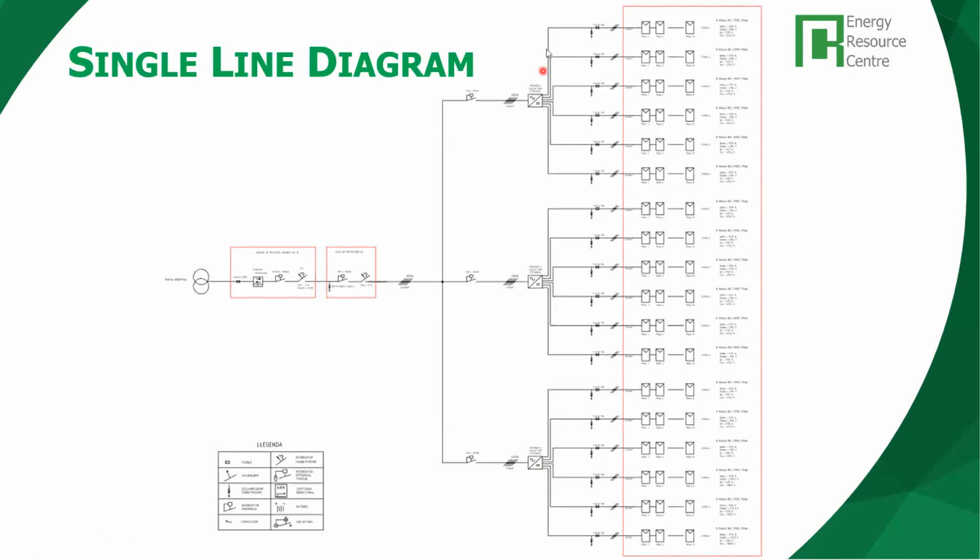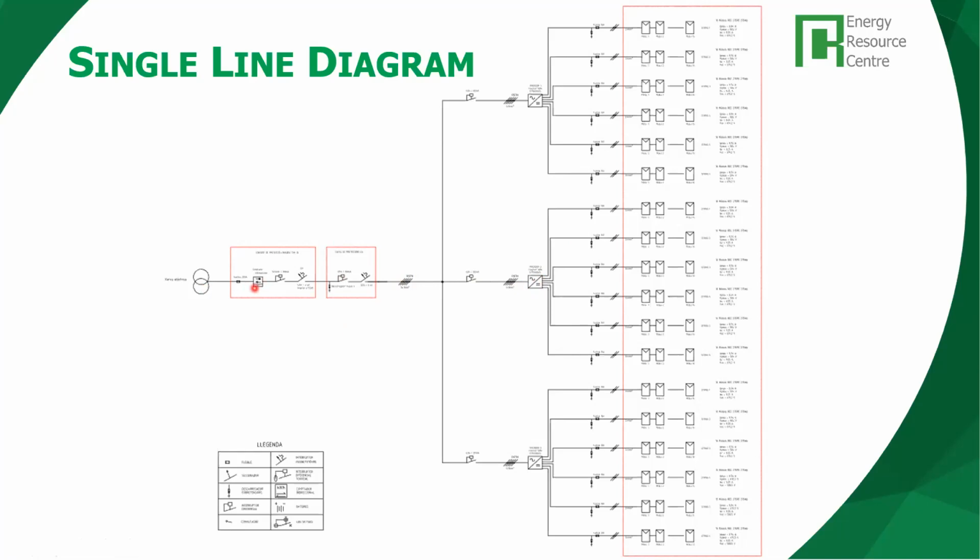You can see the 6 strings going into each inverter, then the protections, and then the connection with the utility, with the metering.